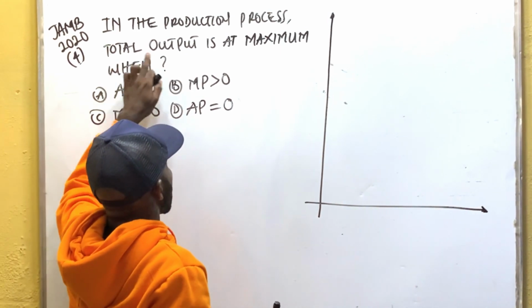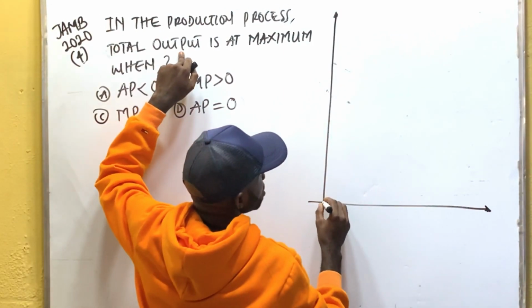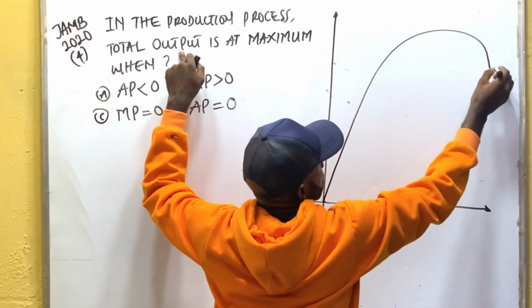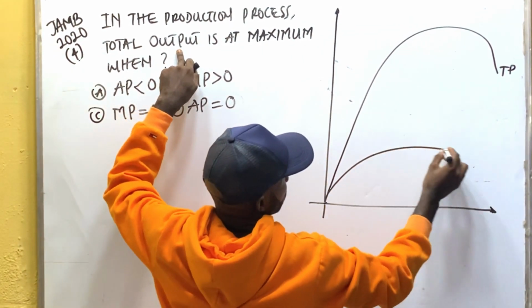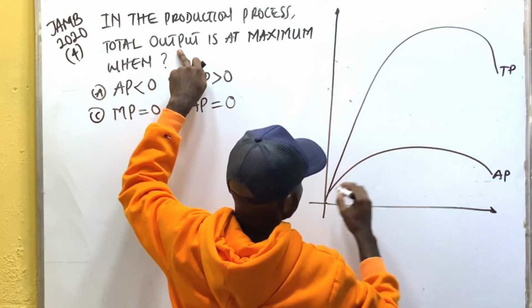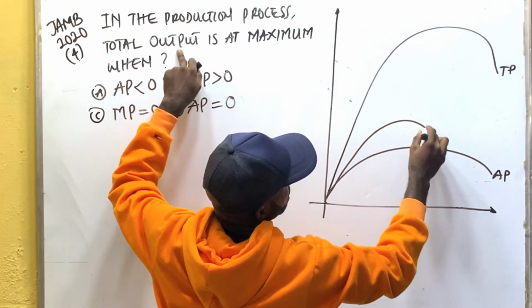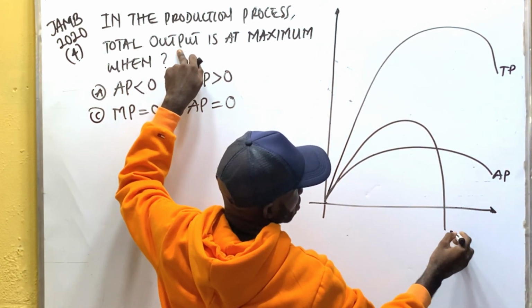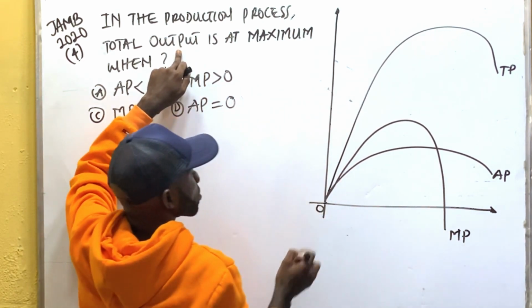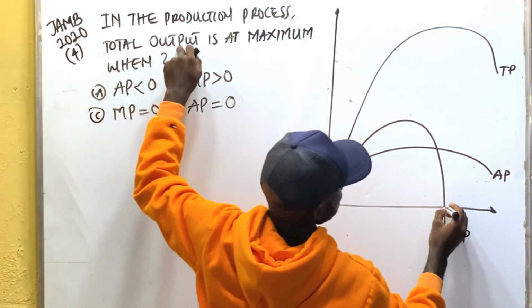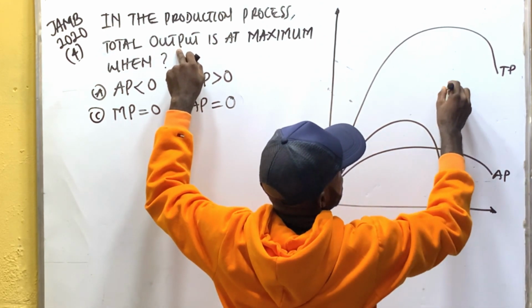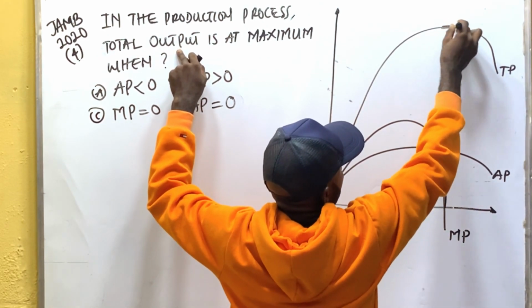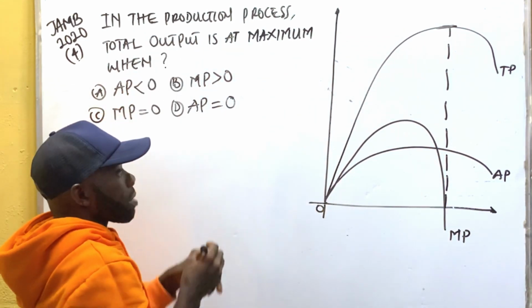Total output also means total product, and then we have average product and marginal product. Take note when marginal product is 0. That's what the examiner wants.